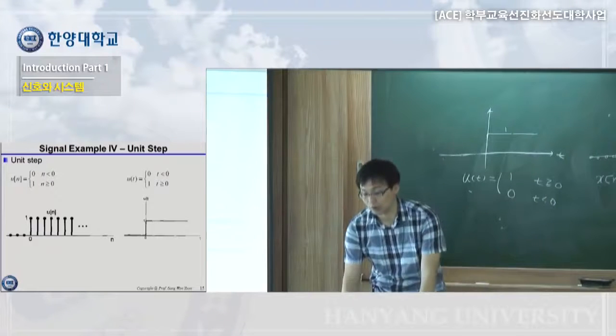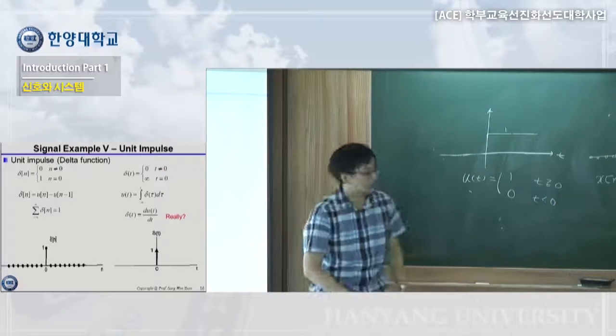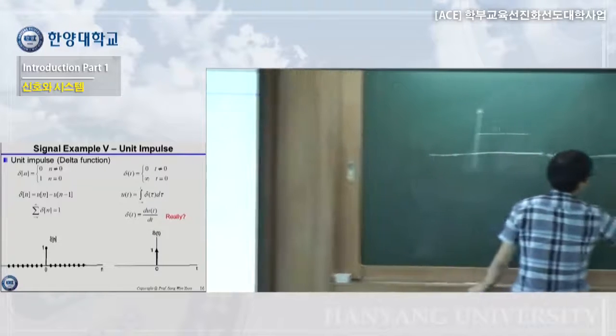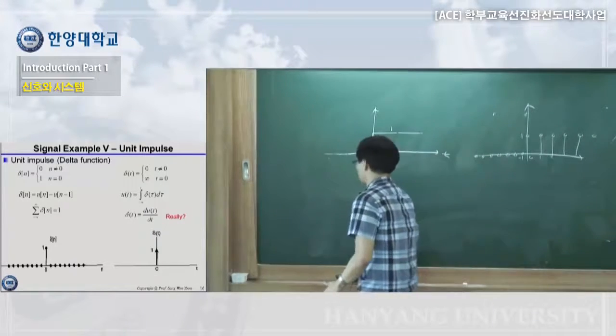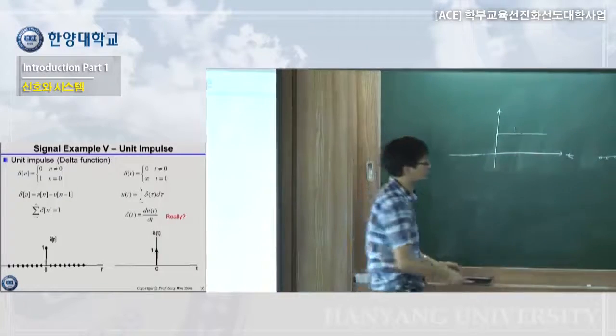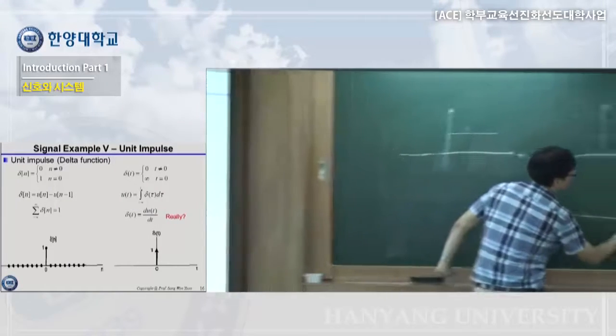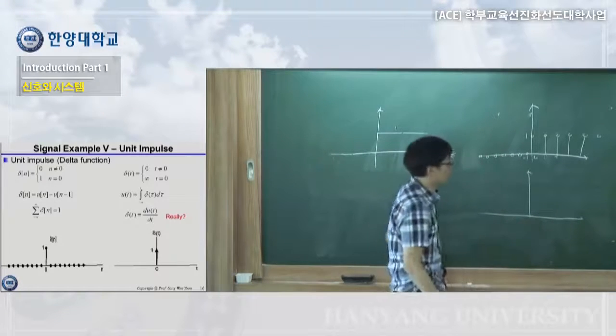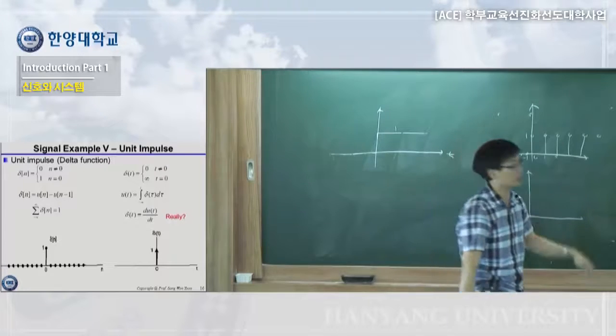In the case of the delta function, what is it? Let's start with the discrete case, it's simpler.